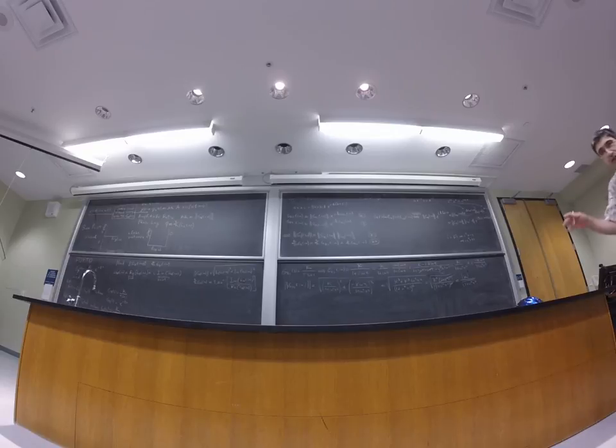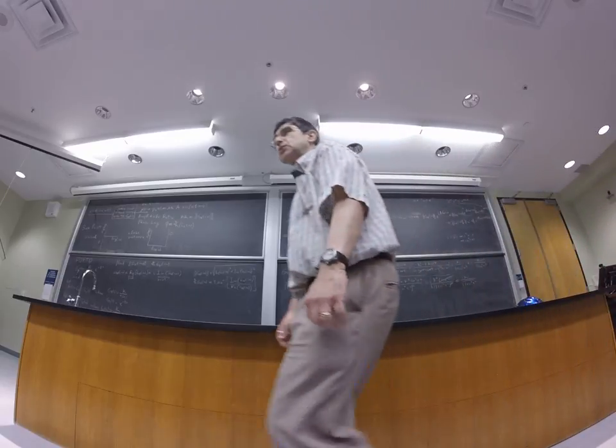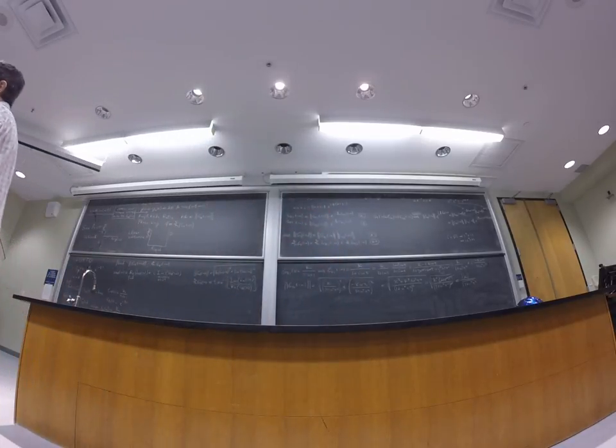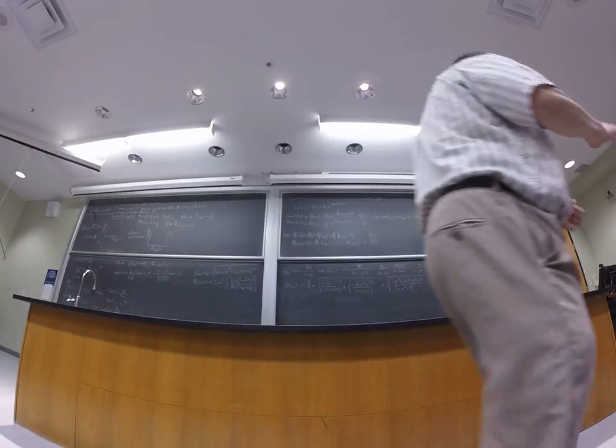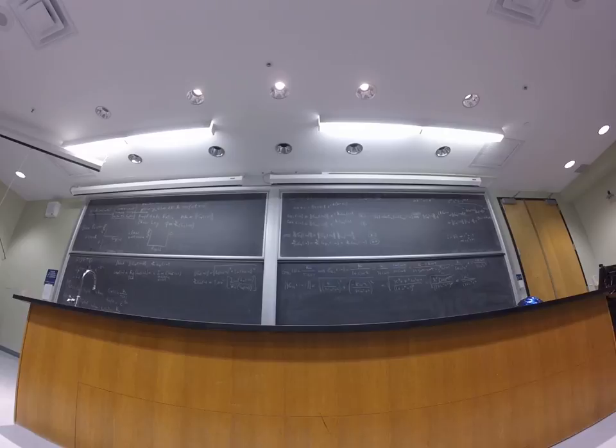There's a tendency for many chemical control textbooks to automatically assume that K is positive. I'll come back to that again and again. Very bad habit. So that's what the magnitude of G1 of iω is. Okay, everyone?